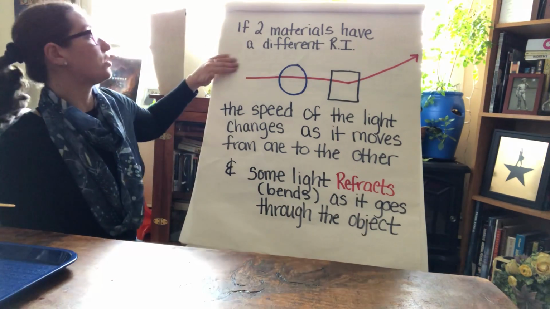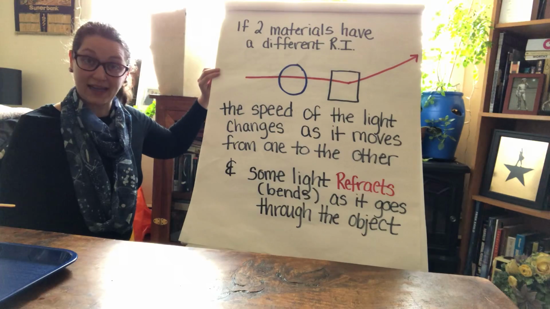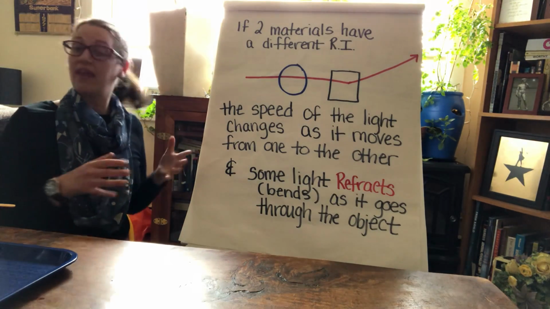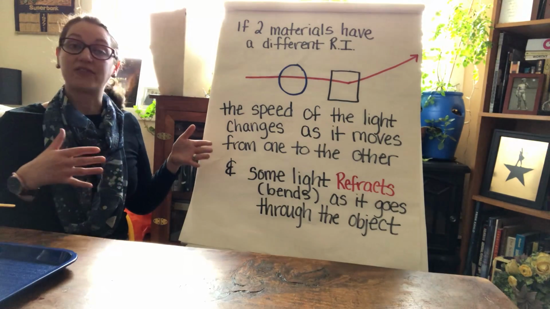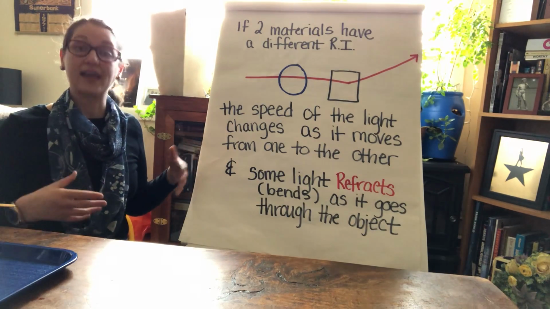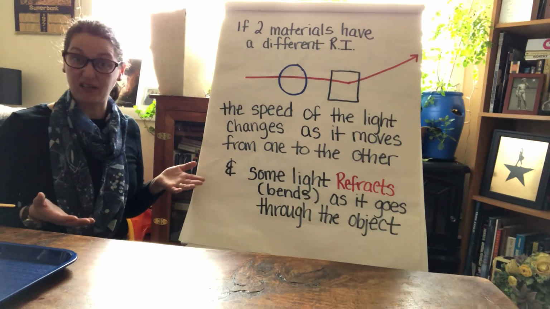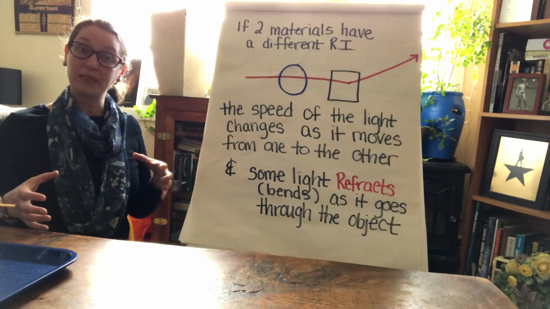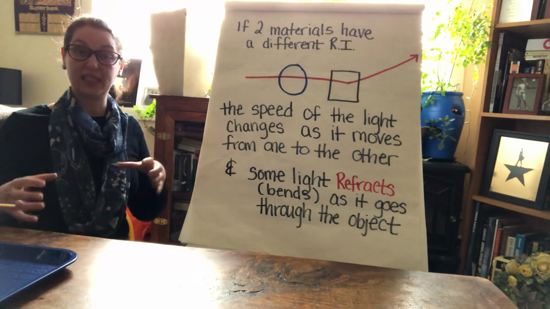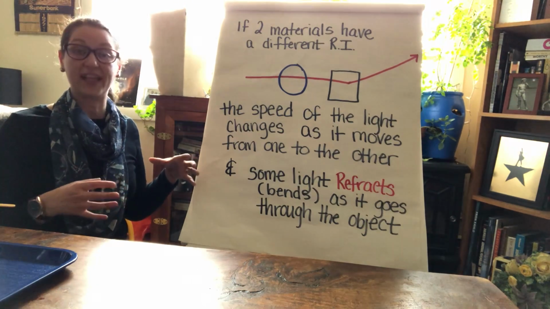Now, if two materials have different refractive indexes and they're right next to each other, then as light moves from one material to the other, it's going to have to change speeds, right? Because the refractive index is a measure of how fast that light is moving. So different refractive indexes mean the two materials have different speeds of light traveling through them. The speed of light changes.